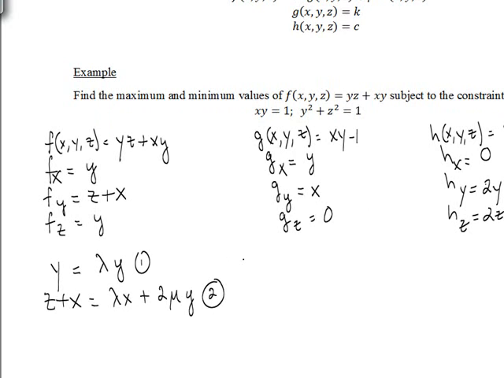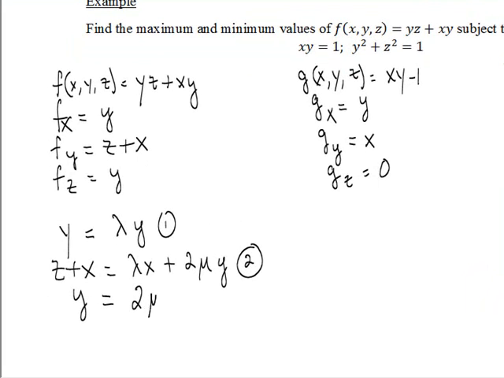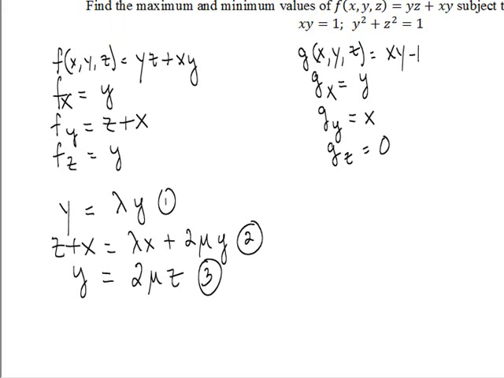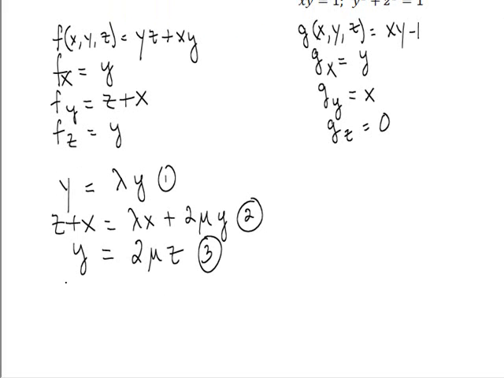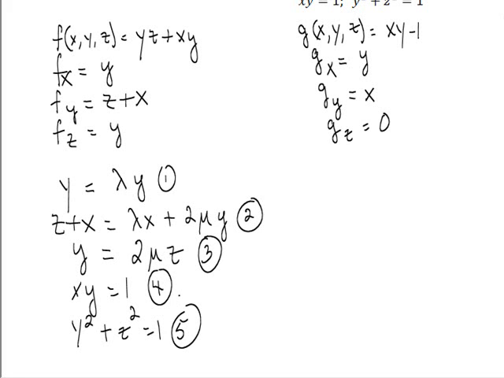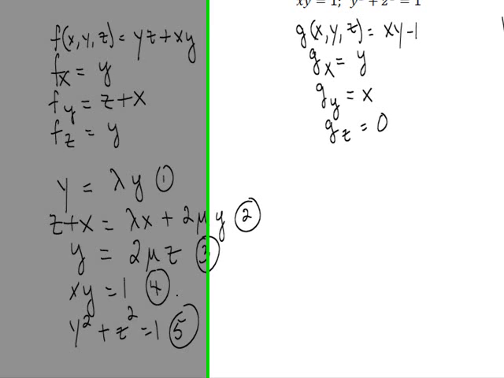Beautiful. Last. y equals no lambda, but we have a 2 mu z. 3. Okay, the two constraints. Xy equals 1, 4. Y squared plus z squared equals 1, 5. Wow. Okay. Isn't that beautiful? We have 5 equations to solve with 5 variables.